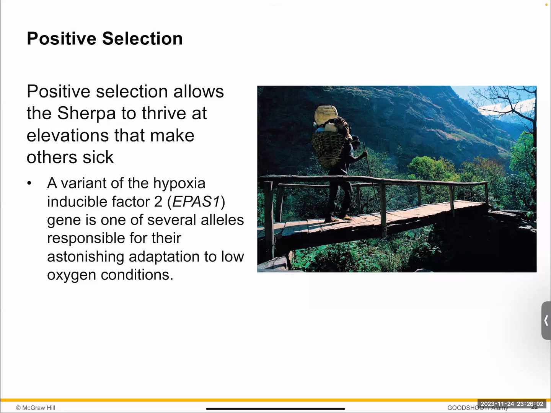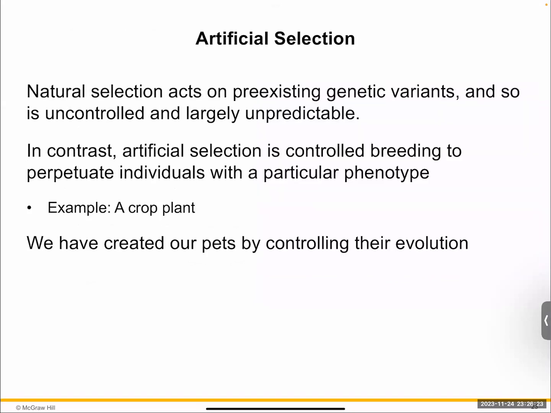If we were to be introduced to that environment, we would not have much of a chance of surviving, because the amount of oxygen is significantly lower. But in these Sherpas, because of this positive selection, they have the capacity to adapt to very low oxygen environments, allowing them to climb Mount Everest multiple times during their lifetime.